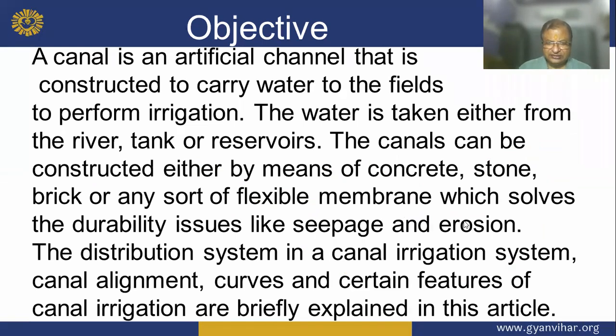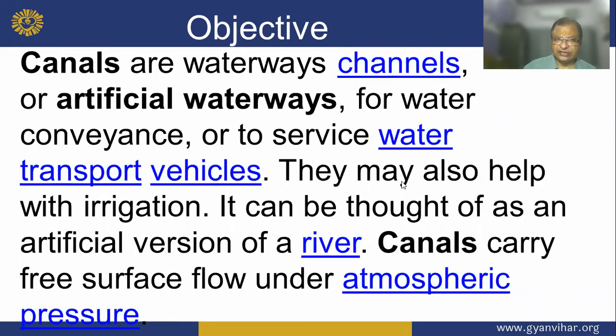So the distribution system in canal irrigation, canal alignment, curves, and certain features of canal irrigation are briefly explained in this article. A canal or waterway is a channel or artificial waterway for water conveyance or to service water transport vehicles. They may also help with irrigation. It can be thought of as an artificial version of a river.